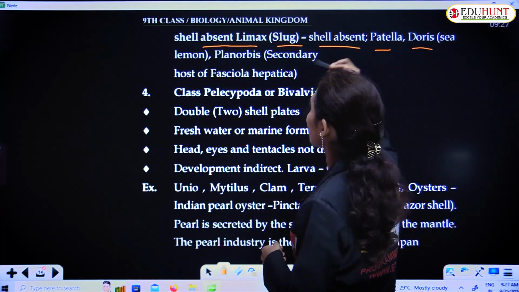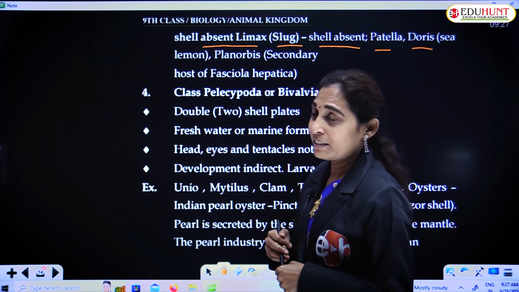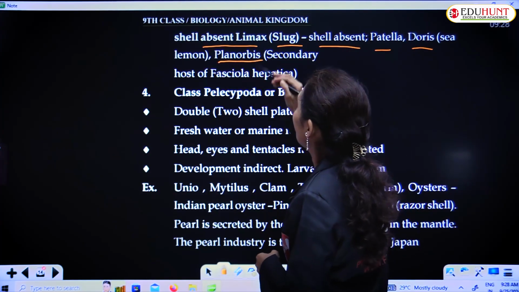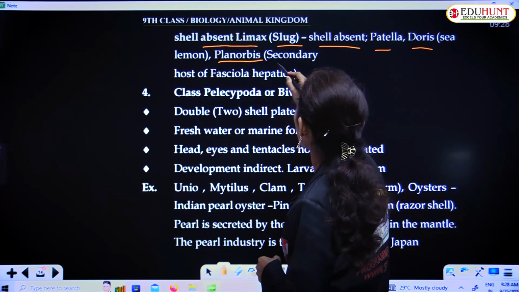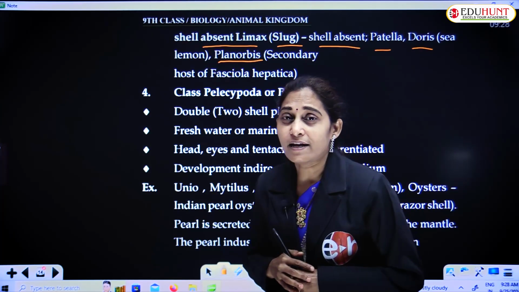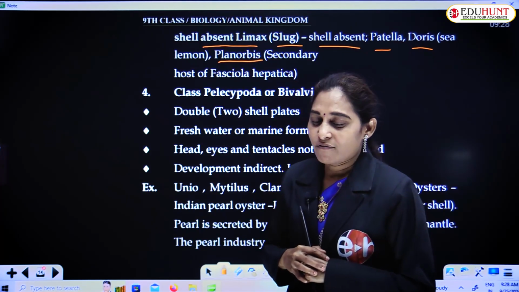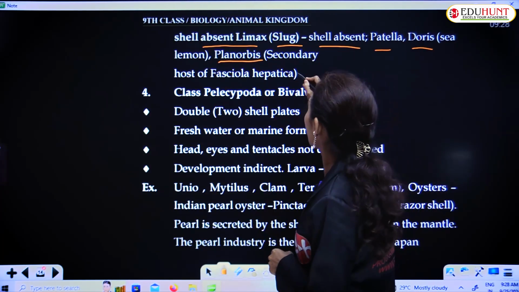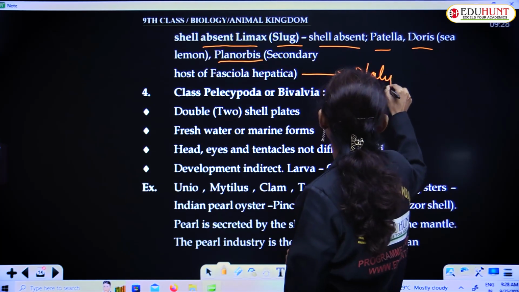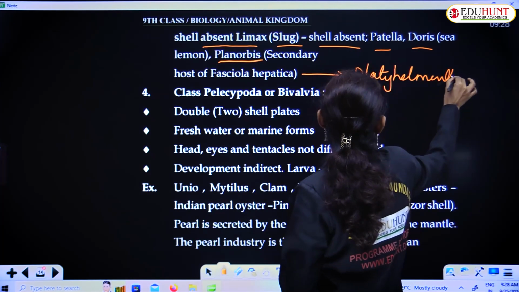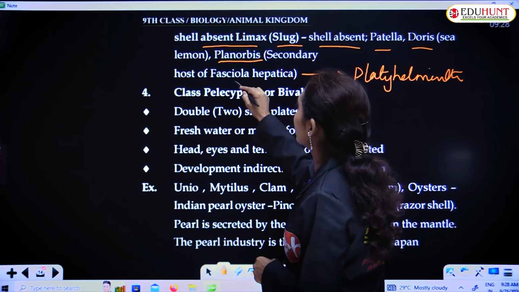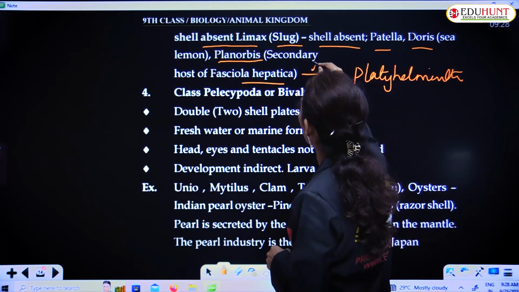Patella. Doris is commonly called sea lemon. Planorbis is the secondary host of Fasciola hepatica, which is a platyhelminth, also called liver fluke.